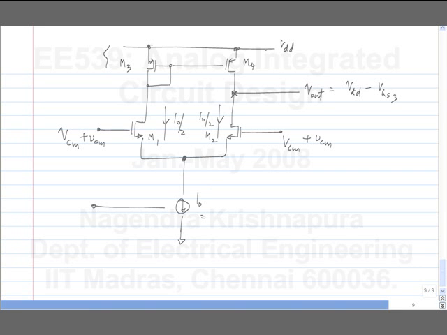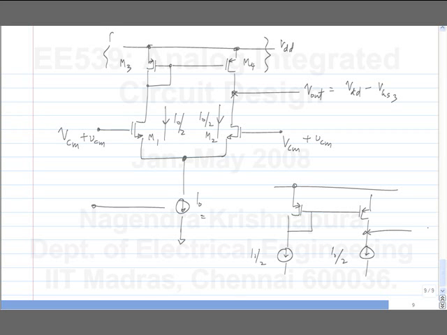So, the output voltage cannot change. If these currents don't change, it's like having this picture. This is I0 by 2, this is I0 by 2. So, whatever the output voltage is, it will not change for sure.